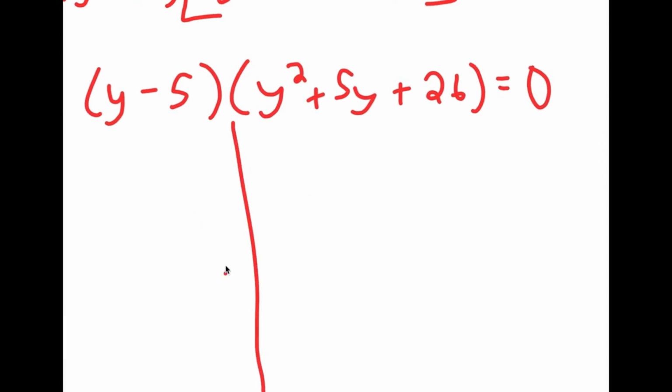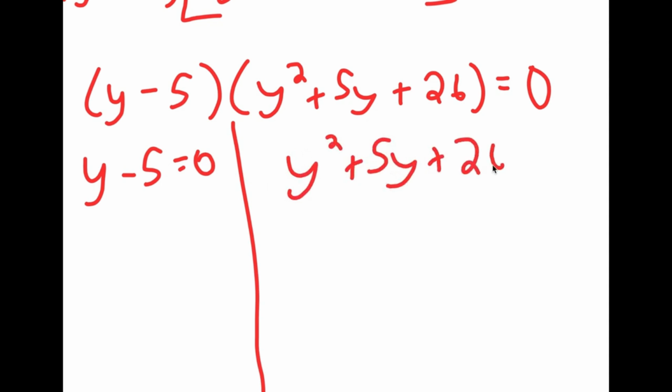Now from here, this gives me two equations. I get y minus 5 is equal to 0, and I also have y squared plus 5y plus 26 is equal to 0. So for y minus 5 equals 0, this is simple. All I have to do is add 5 on both sides, and I get y equals 5.